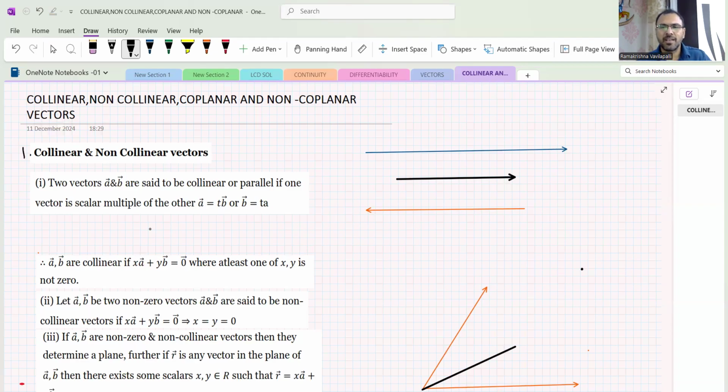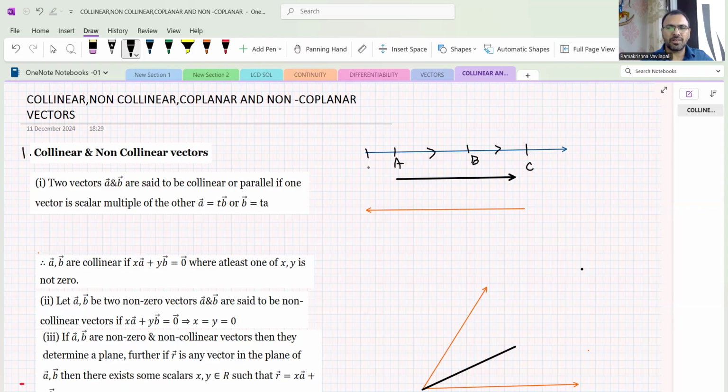If a bar is a vector, then 2a bar, 3a bar, half a bar, minus 2a bar, minus 3a bar are all collinear vectors. They are either in the same direction or in the opposite direction. Suppose this is a point A, this is point B and this is point C. They are collinear vectors.